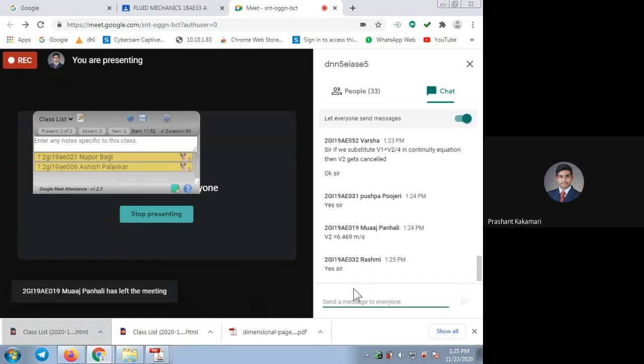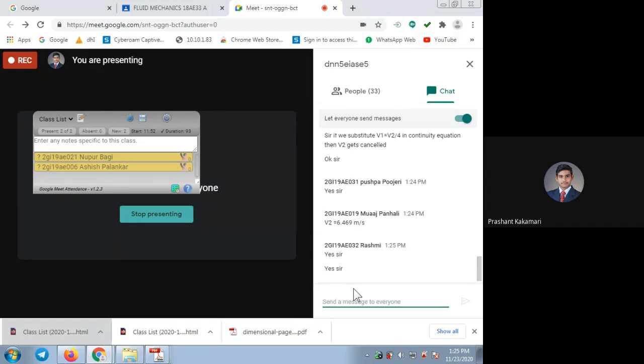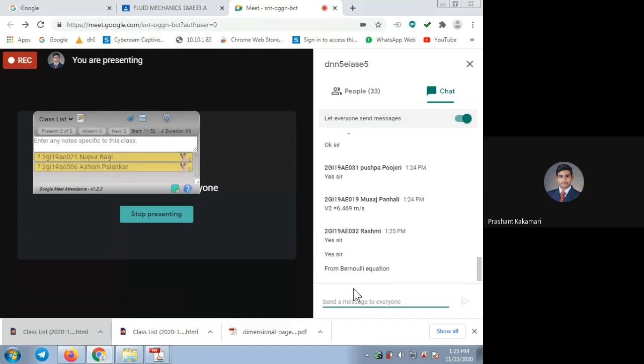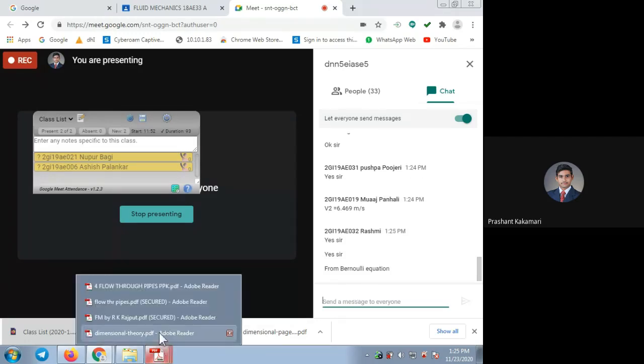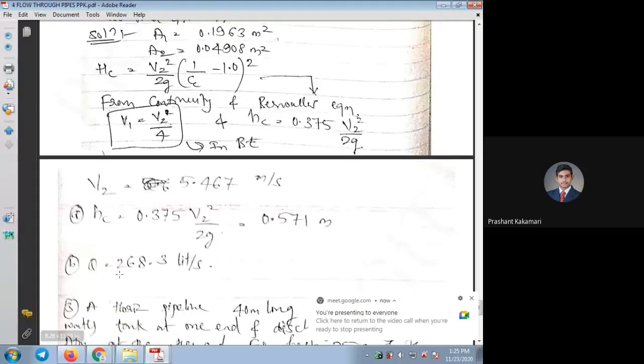See, this 6.464 is from Bernoulli's equation. Okay, then find the V1 velocity, or else check that H and other things from Bernoulli's equation. Okay. Then what about these values? H, C, Q, and all things will change.